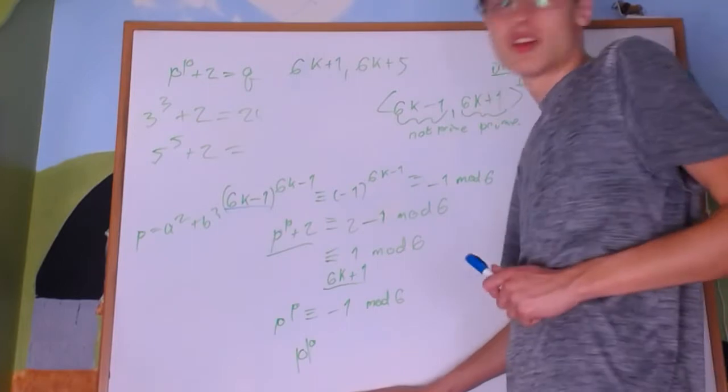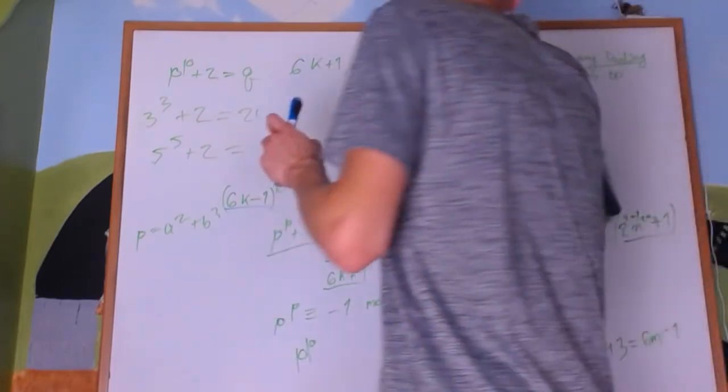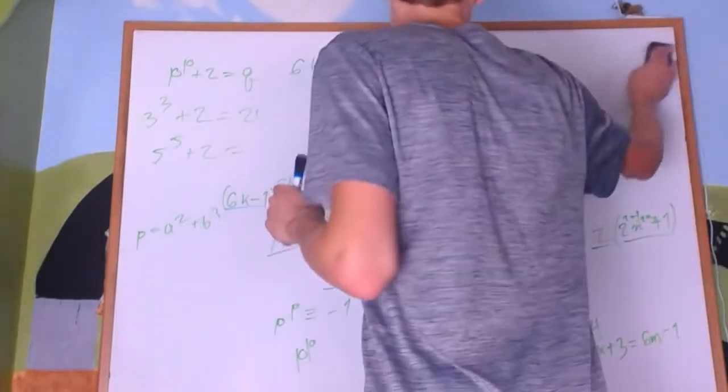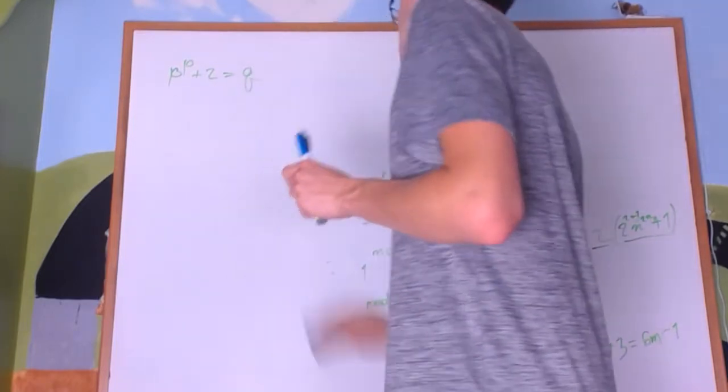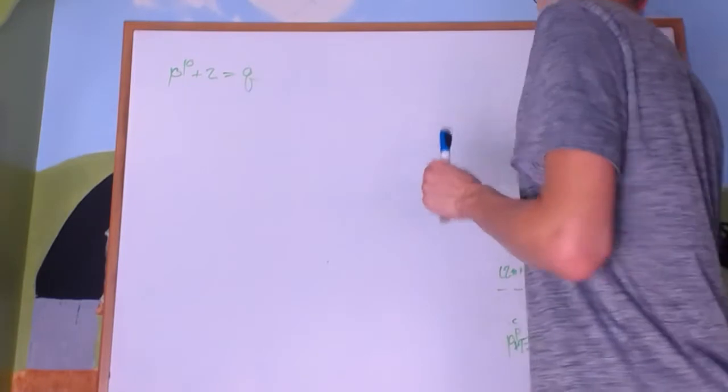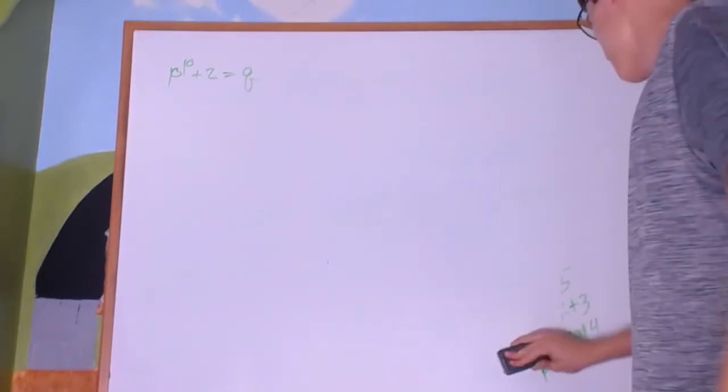Alright, let's look at 29. We'll take a break from this one. I'll leave it up in the corner so that anyone brave enough can delve into it a little further.